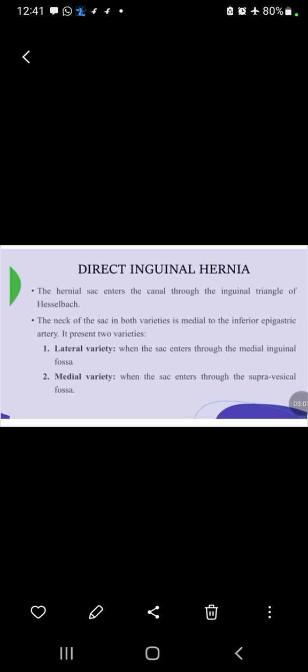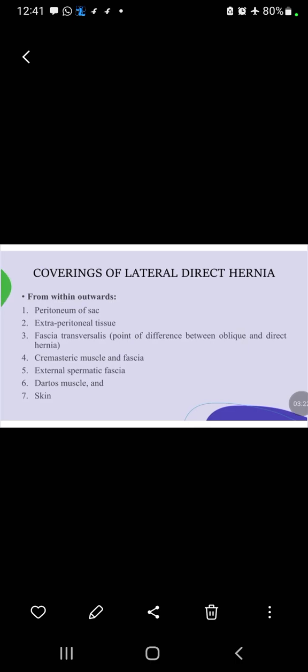The neck of the sac in both varieties is medial to the inferior epigastric artery. It presents two varieties: lateral variety, when the sac enters through the medial inguinal fossa; and medial variety, when the sac enters through the supravesical fossa.